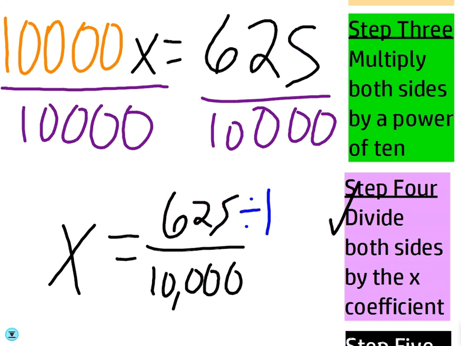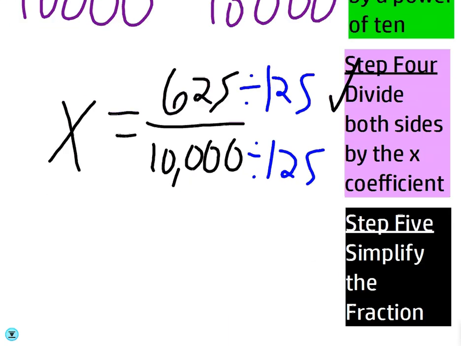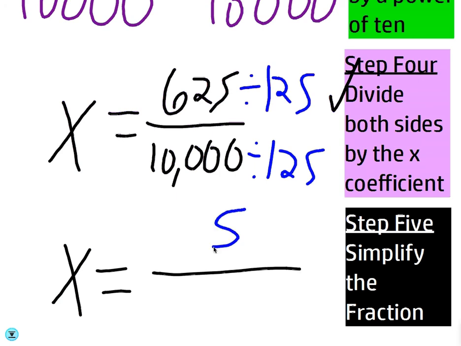Let's divide by the biggest one. Certainly you could divide by 25 and then just keep simplifying, but since he pointed that out, we will go ahead and divide both by 125. 625 over 125, I think it's 5, right? All right, so we're going to have a 5 on the top. This one's harder. 10,000 over 125. Well, guess what?